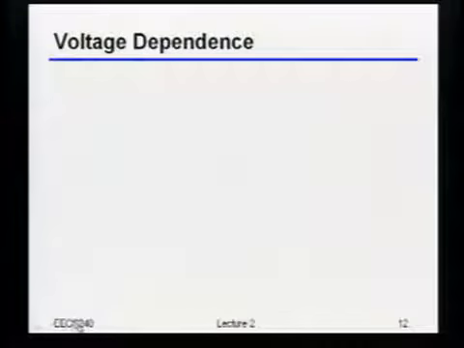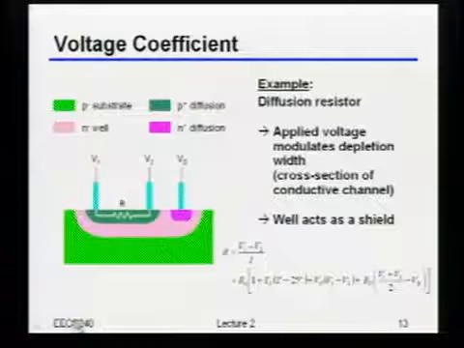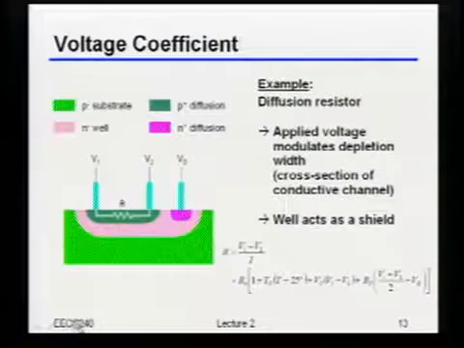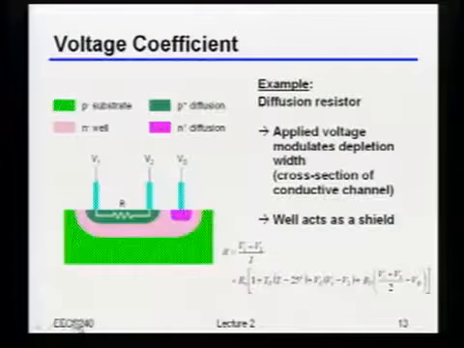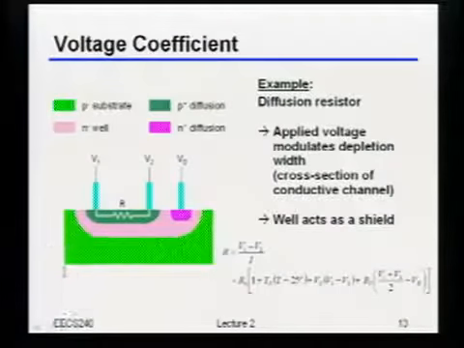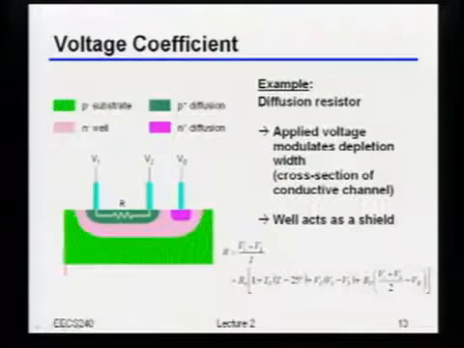So that's one, again, quote-unquote nonlinearity or non-ideality you're going to have to deal with. The next one, which we actually touched on quite a bit, so I probably won't spend too much time on it, was this voltage dependence, or the so-called voltage coefficient. It's really quite easy to see for these so-called diffusion resistors. Here, this isn't an N-well resistor.